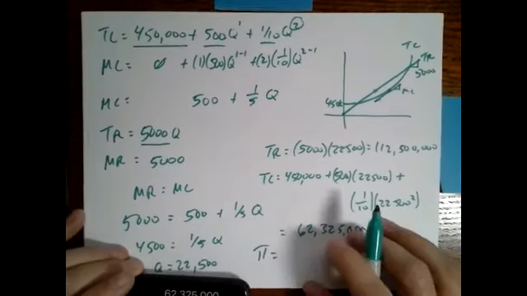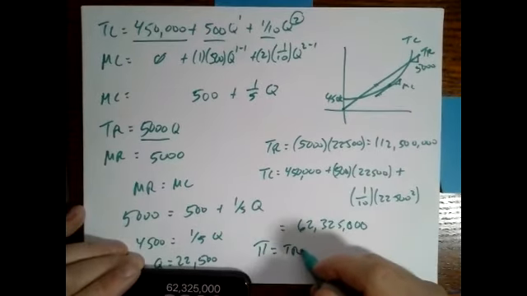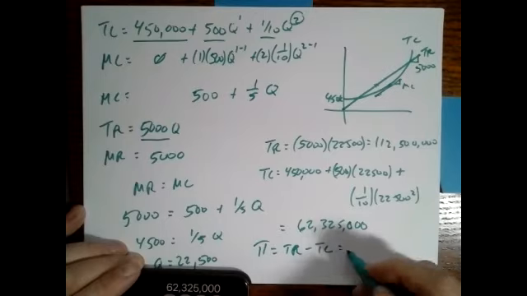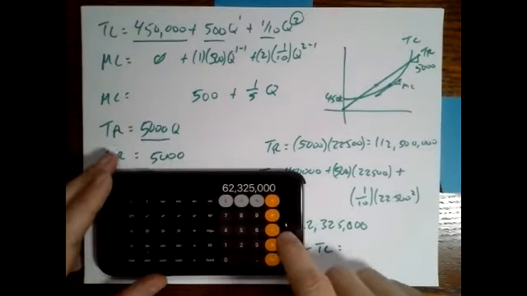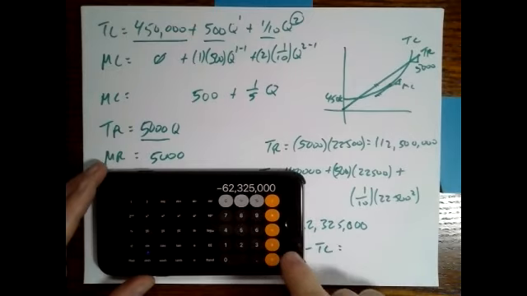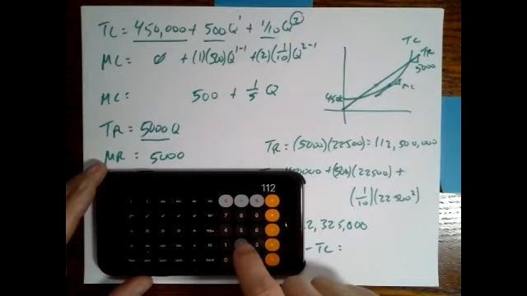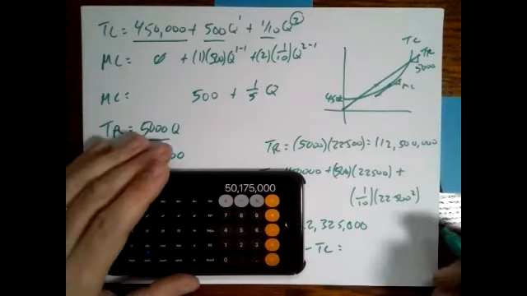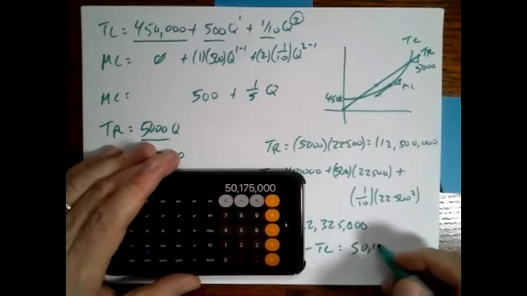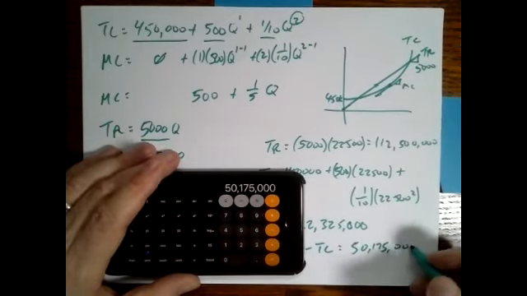Profit is total revenue minus total cost. So if we have 62,325,000 in costs, we make that negative and add our revenues. We get 50,175,000 in profit.